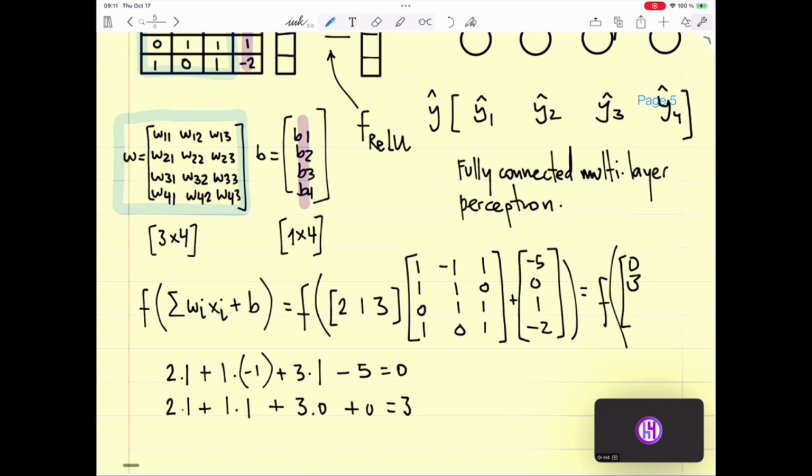Then we have 2 times 0 plus 1 times 1 plus 3 times 1 plus 1. This equals 5.